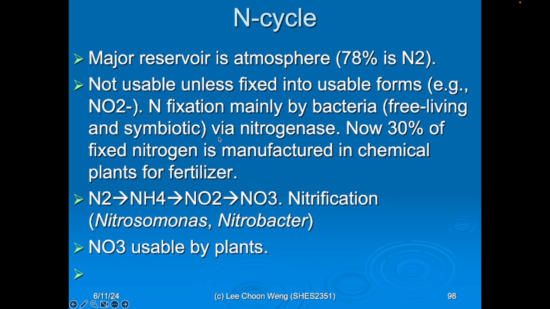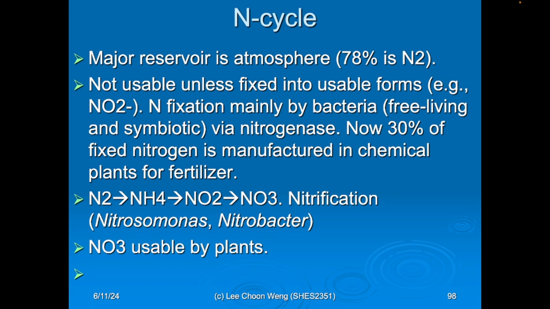Other than biological fixation, about 30% of fixed nitrogen is now manufactured in chemical plants, especially for fertilizer. For natural fixation, other than bacteria, fixation by lightning can also occur.